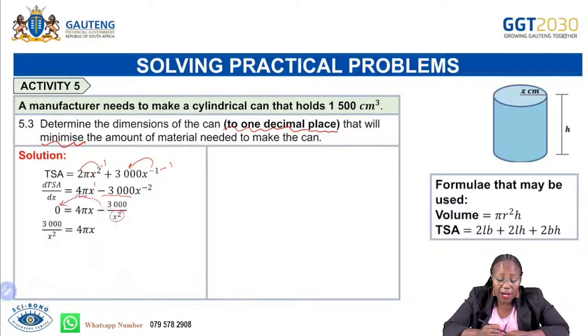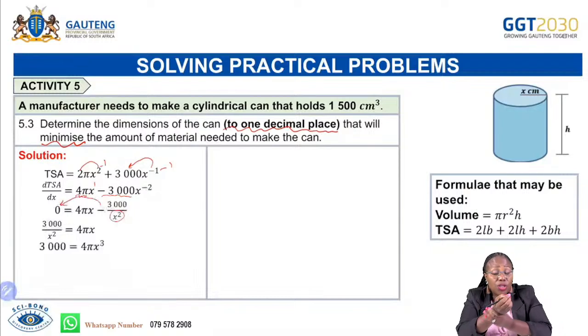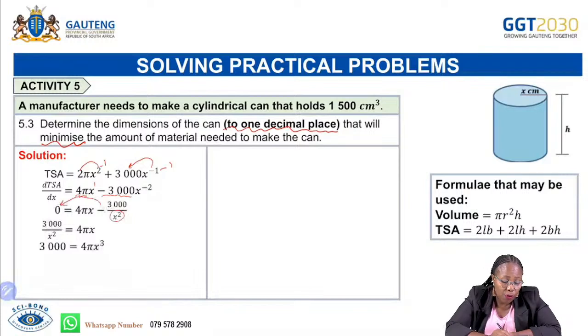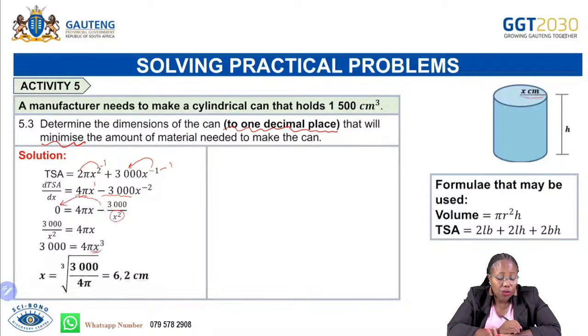And then multiply by x squared both sides. Then we end up with 3000 equal to 4 pi x cubed. And then now divide by 4 pi both sides because we need this value of x here, which will give us this dimension here. So x will be the cube root of 3000 over 4 pi.